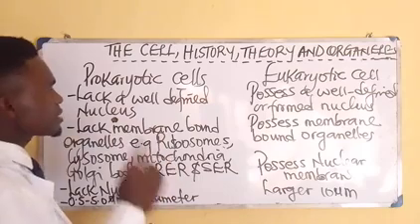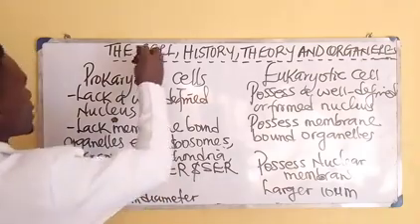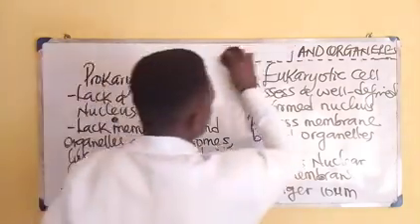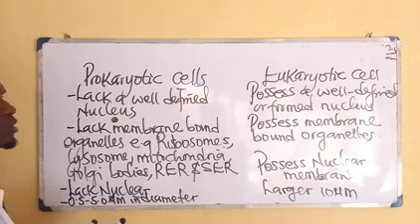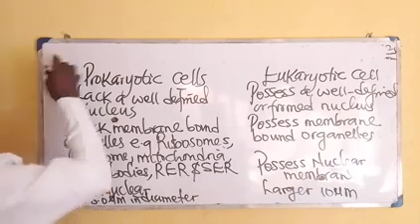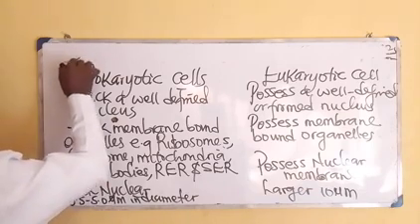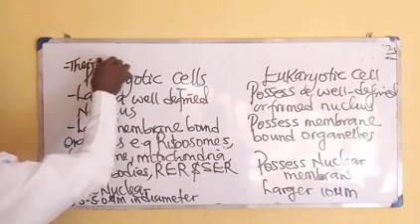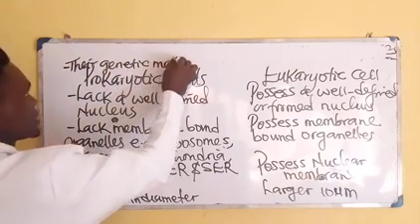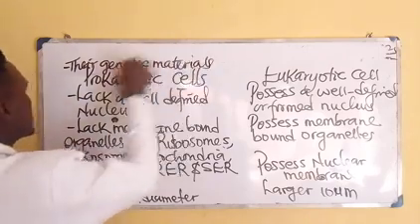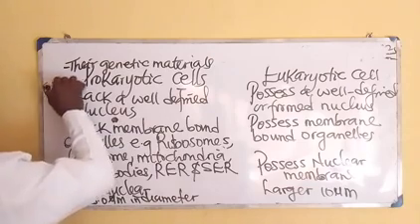Another thing you should note about the prokaryotic cell is that their genetic materials are found in the cytoplasm.